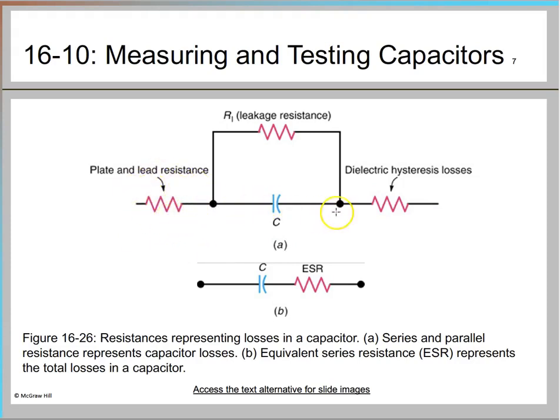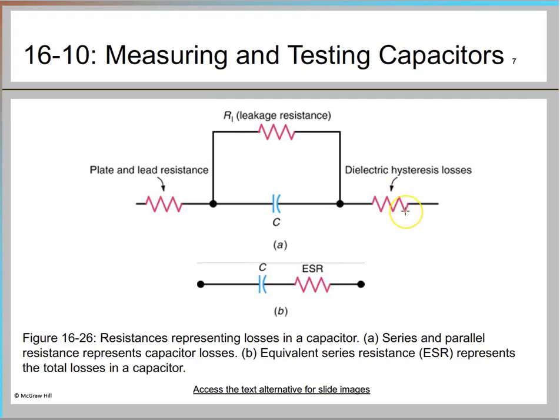So when there is a leakage current flowing through the leads of the capacitor, that is represented by this plate and lead resistance. And then you have the leakage resistance in the capacitor, represented by this RL.